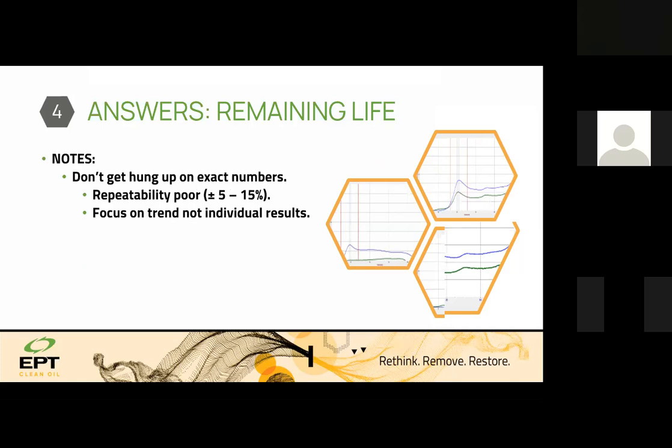So you need to be trending the data, and if for 2-3 months in a row the antioxidants were dropping, then this is a real one. This is not an error with the test. So we need to be careful not to focus on single RPVOT and LSV or ruler test values. We need to trend the data to be sure that we don't have any jump up and down.